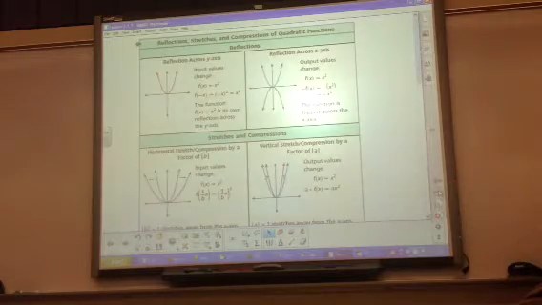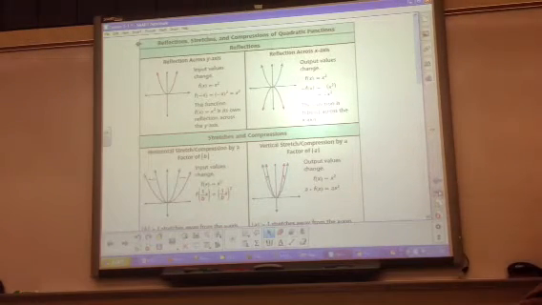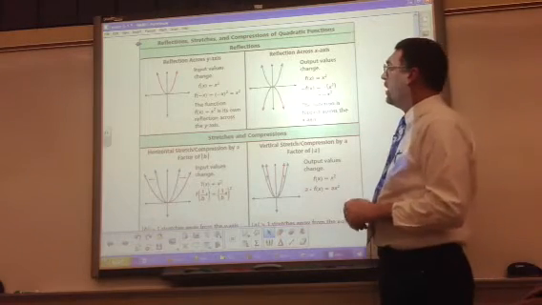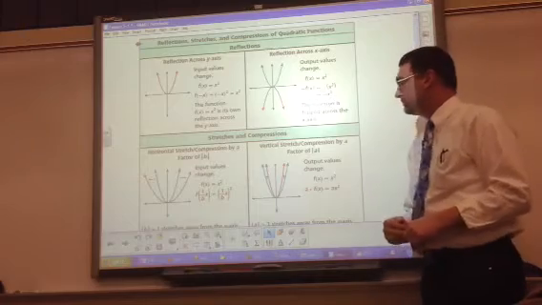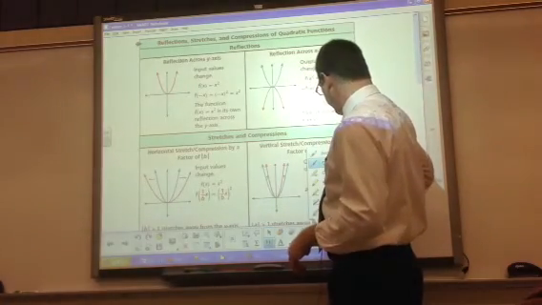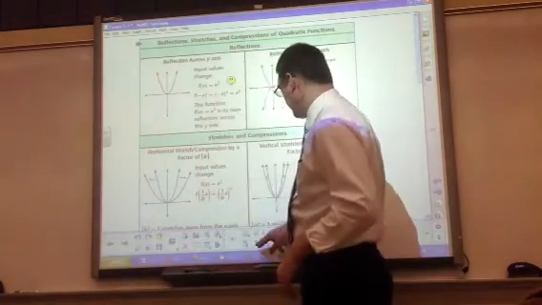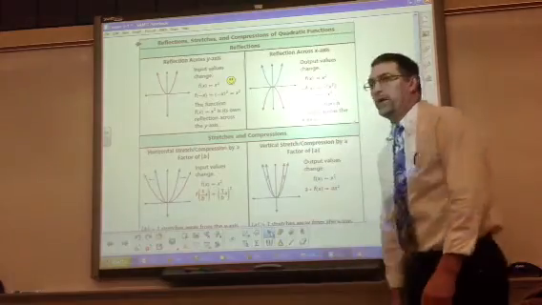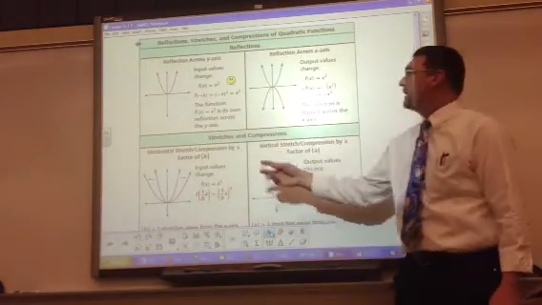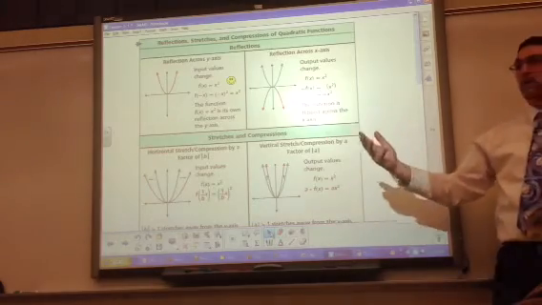Okay, there's translations. We have reflections, horizontally and vertically. A horizontal reflection, f of -x: if I put -x in there and I square it, I just get x squared.